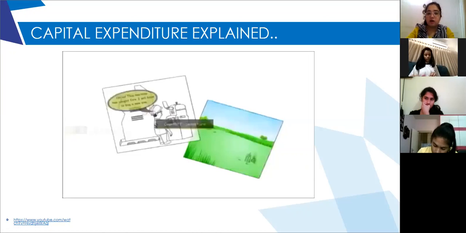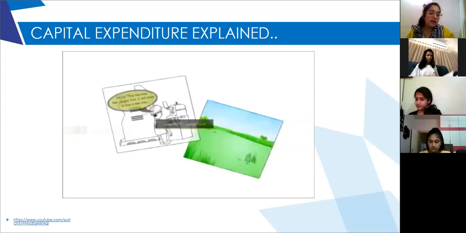So I think the idea of what is capital expenditure is clear to all. You can just mark the definition. The definition is given at the end of page number 55. Please mark it out. Capital expenditure means the expenditure, the benefit of which is not exhausted within the current year, but it is enjoyed over a long period of time.